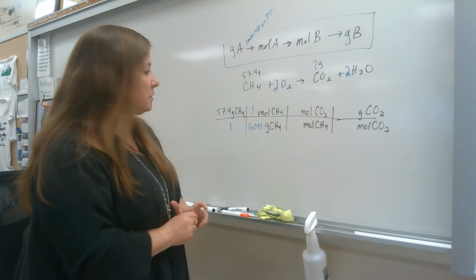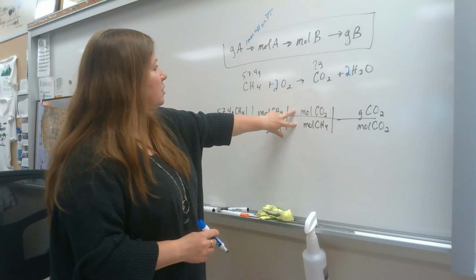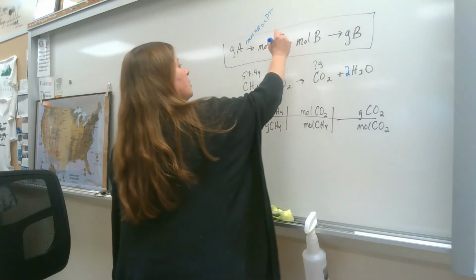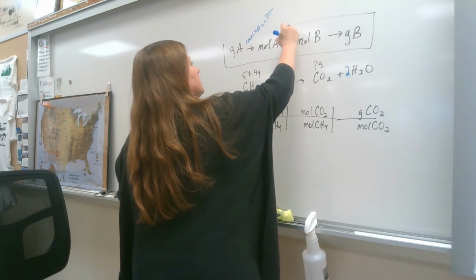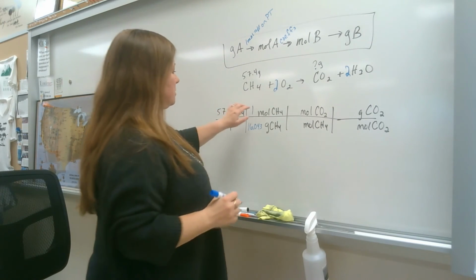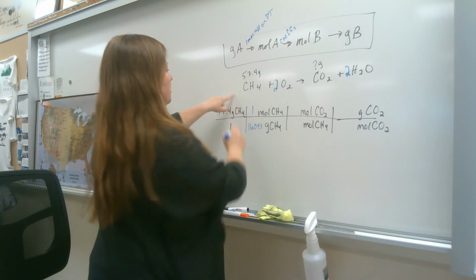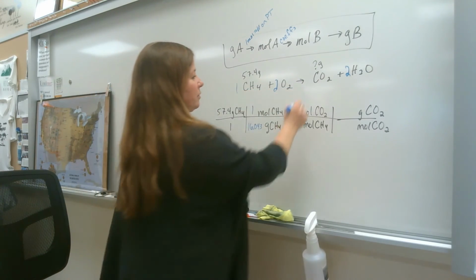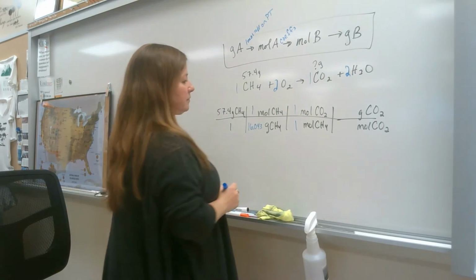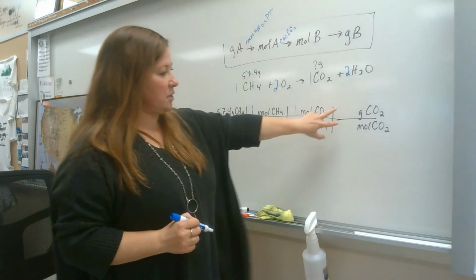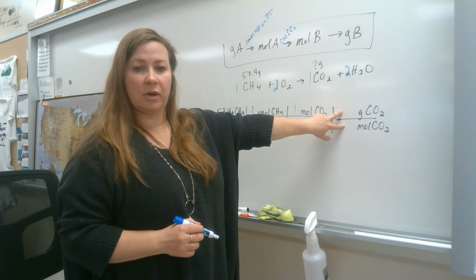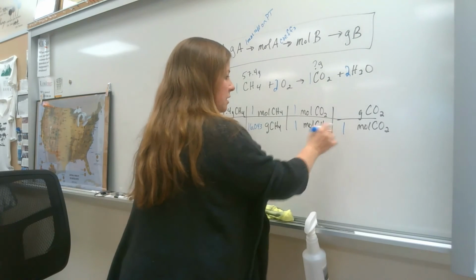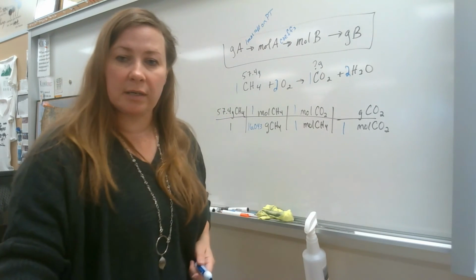Now, if we're going moles to moles, we use the coefficients. So for CH4, there's no coefficient, so that's a 1. And for CO2, there's also no coefficient, so that's a 1. And then in our last one, if we're going between moles and grams, again, it's 1 mole, and the number of grams comes from the periodic table.